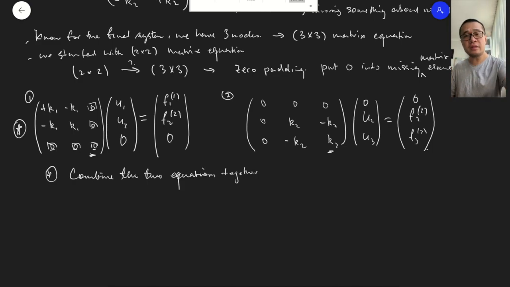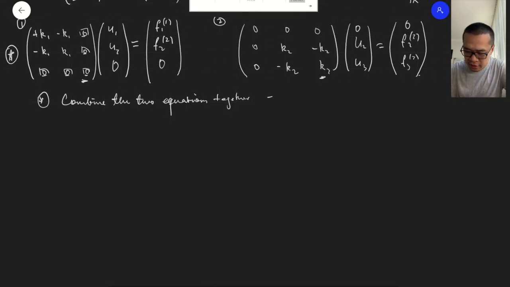How do we do that? We can do it by adding these two together. So we just add the two equations term by term.